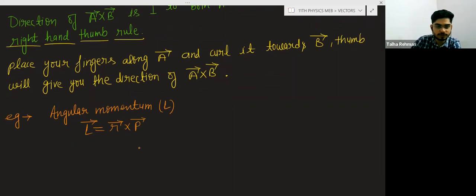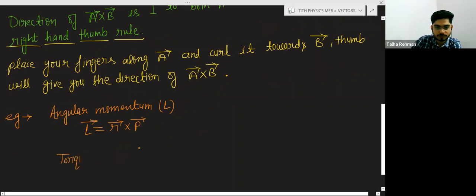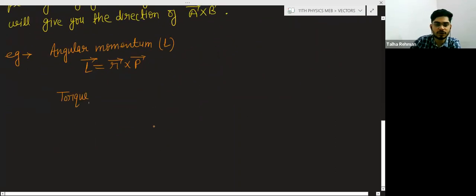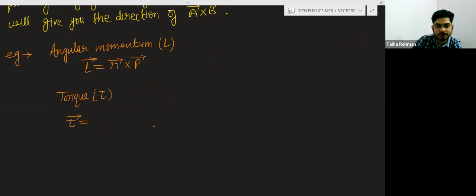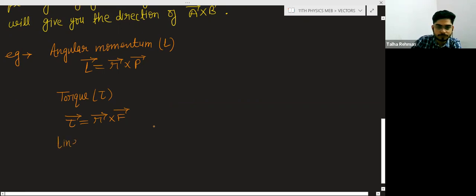Another example is torque. In rotational motion, we will discuss torque. Torque is represented by tau, and this tau vector is R cross F. There is one more term in the form of the cross product, that is linear velocity, the v vector.